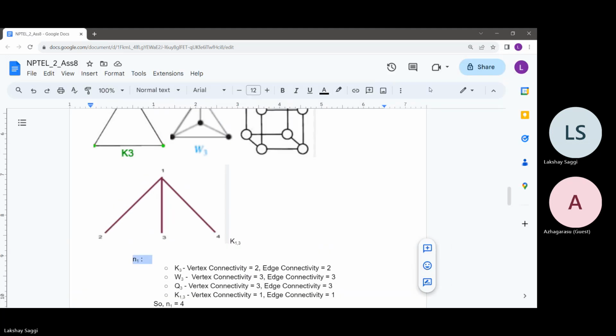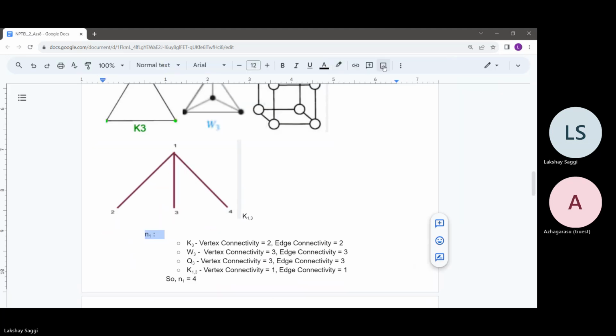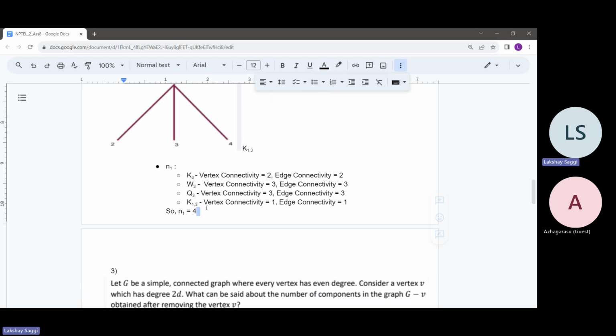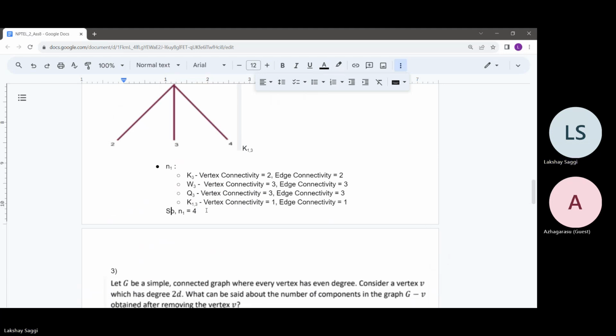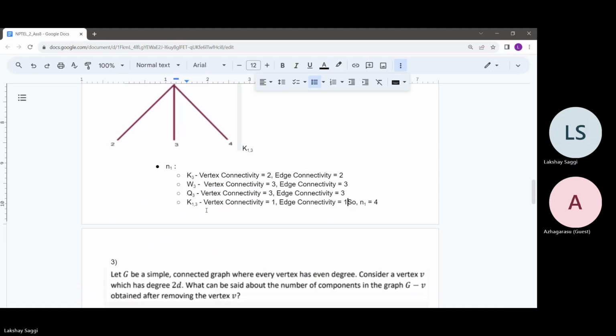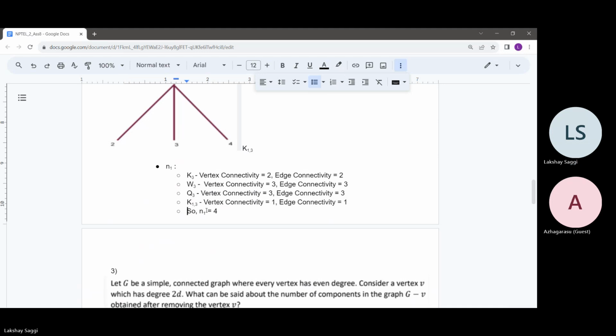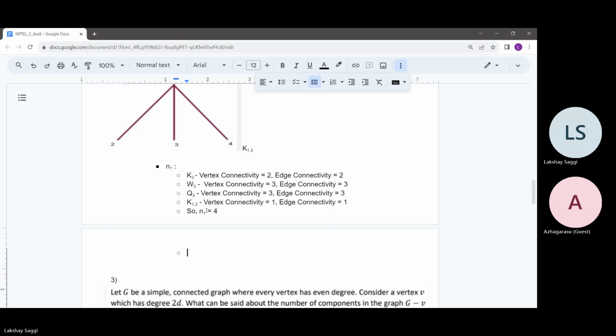So now we had calculated N1 and now we calculate the value of N2.